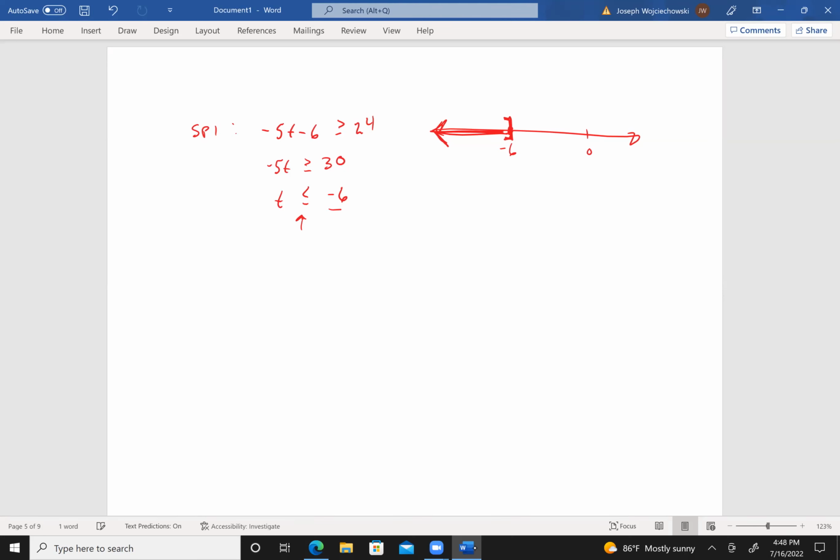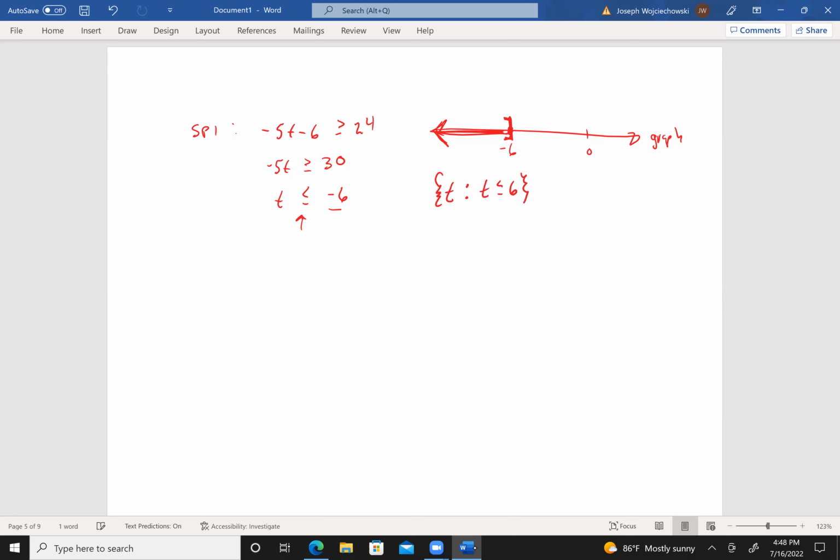So, set builder. This is graph. Set builder notation. Well, if it's a set, we have a set. We have a variable. Not that difficult to do.